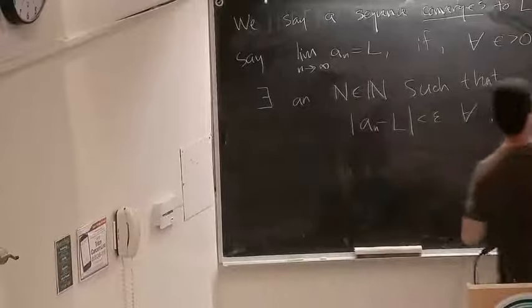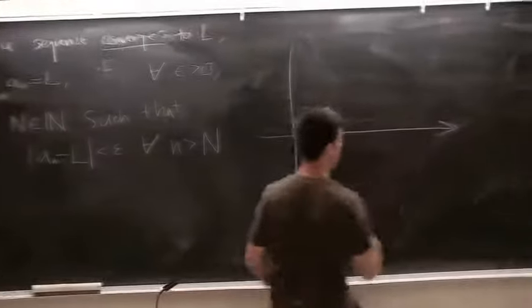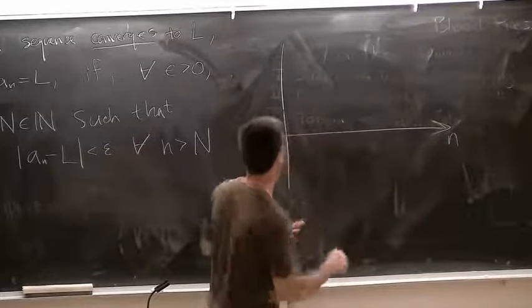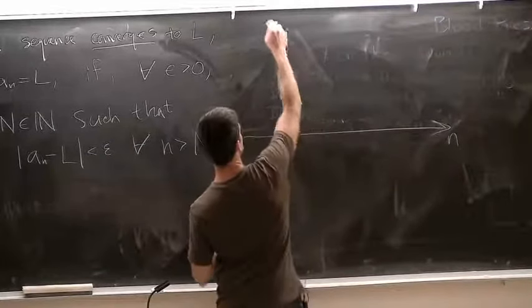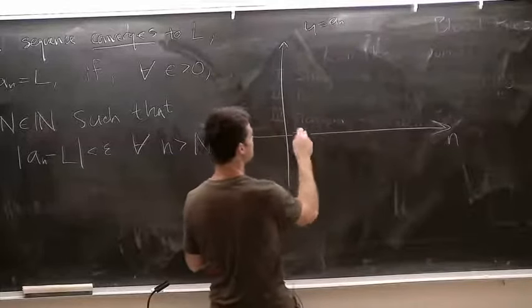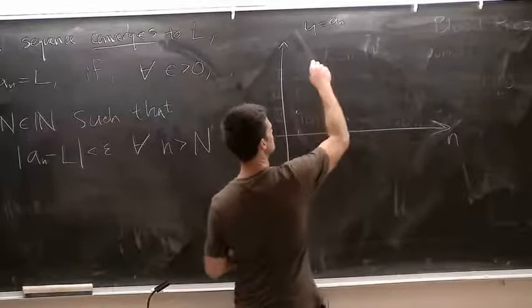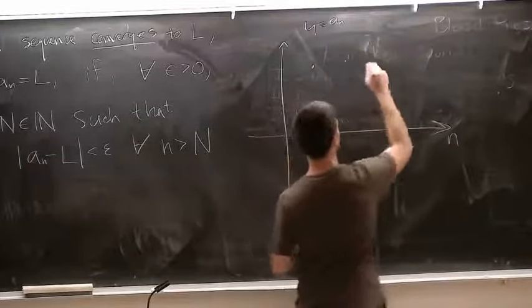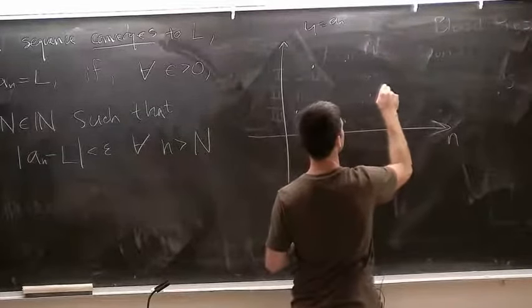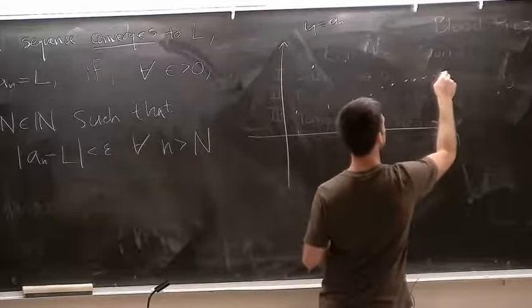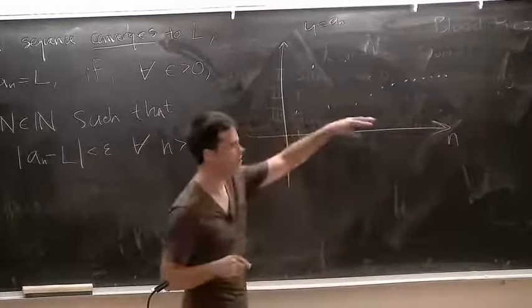So pictorially, let's imagine this is the index n axis, and I'm going to graph y equals a_n, and maybe the first few terms will bounce around a little bit, whatever. But eventually, they need to settle down at one value.